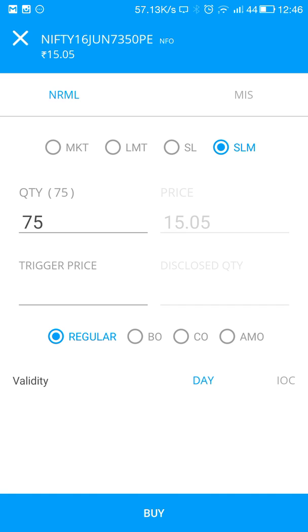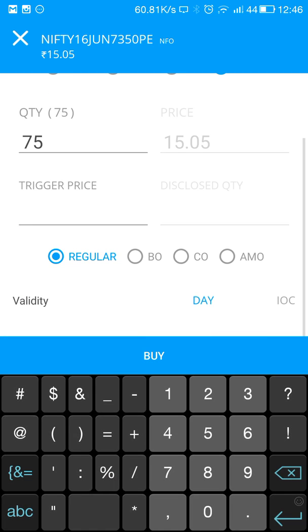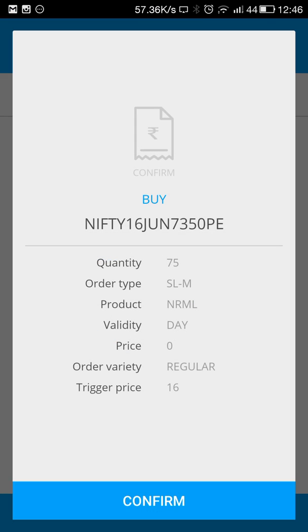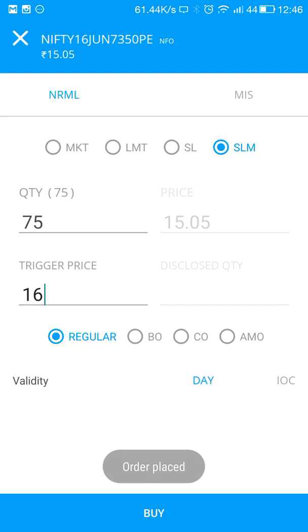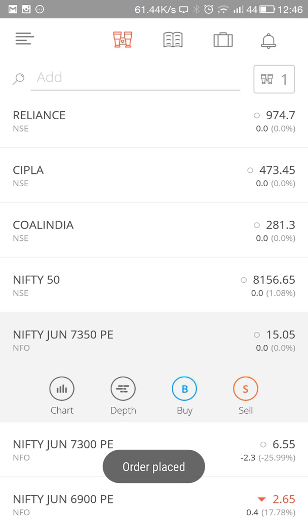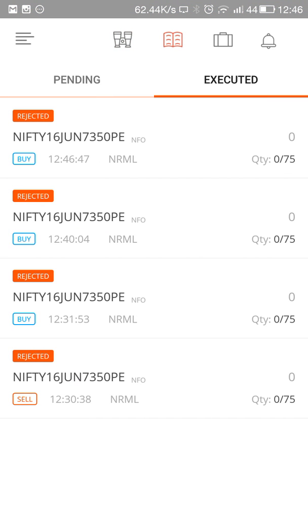And at that point, you just put a stop loss market order. Let's say 15.5 is the ATP, then I'll buy at 16. So this is a trade.